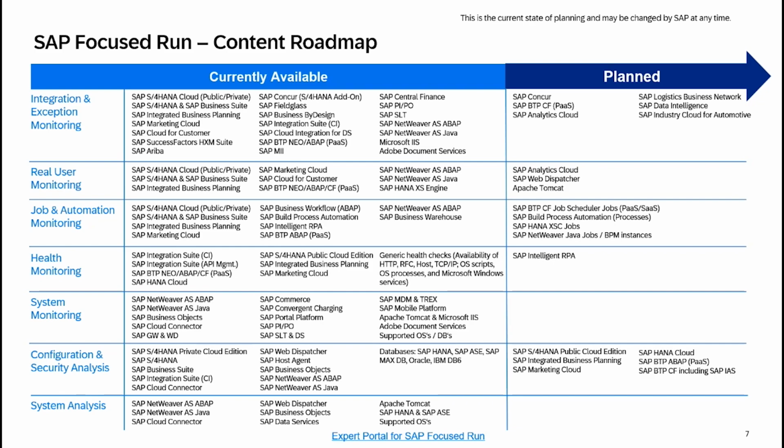In Focused Run, we have 2 service packs per year, and this means that we have a certain delay until a certain cloud service, if it's already supported in Cloud ALM, is then also supported in Focused Run. But yes, you can fully use Focused Run also for the hybrid scenarios in your environment. You can monitor the cloud services and also the on-premise systems.